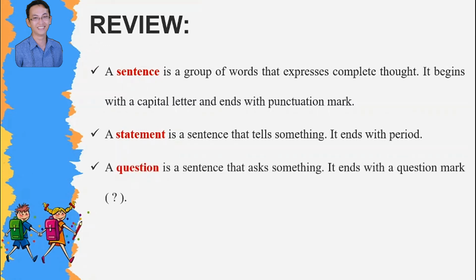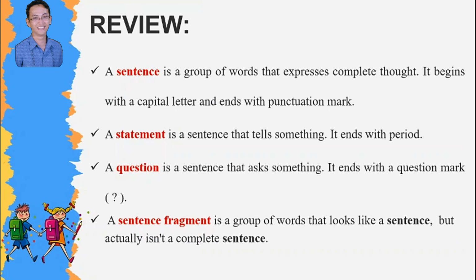Third, a question is a sentence that asks something. It ends with a question mark. Lastly, a sentence fragment is a group of words that looks like a sentence but actually isn't a complete sentence because it doesn't have either a subject or predicate. Is it clear?